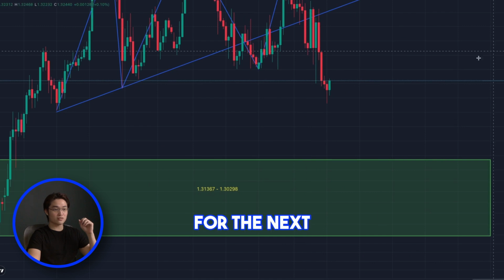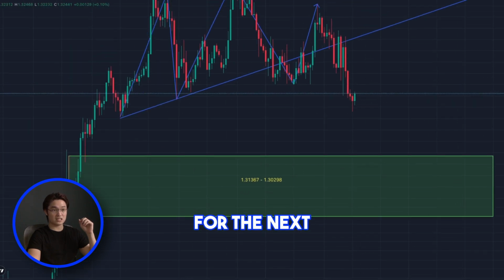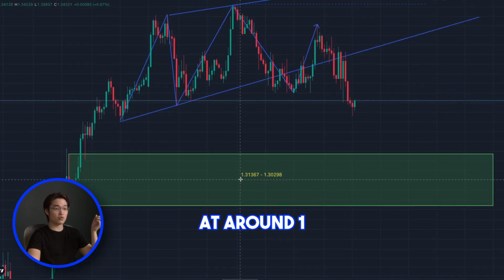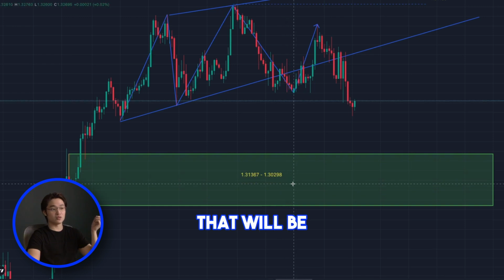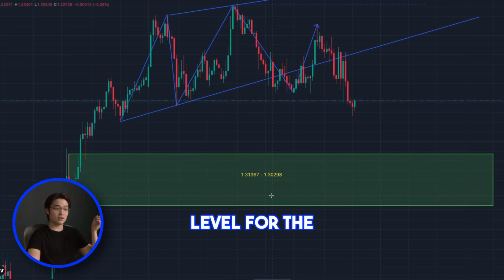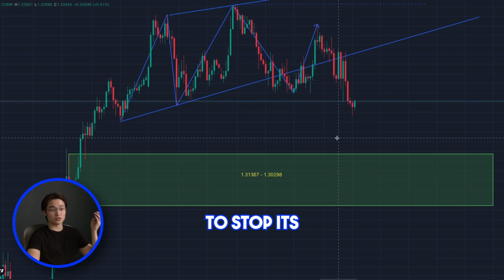The bearish trend's next stopping point will be around 1.31367 until 1.30298. That will be the demand key level for the pound dollar to stop its bearish momentum.